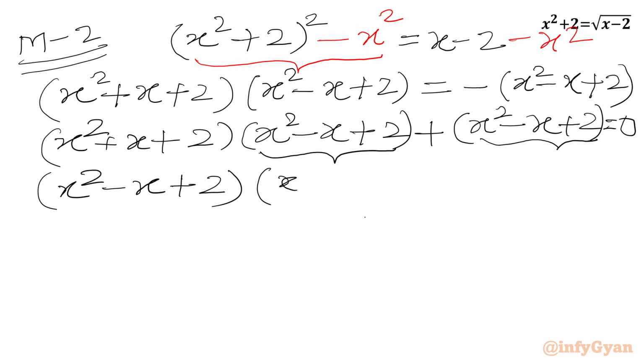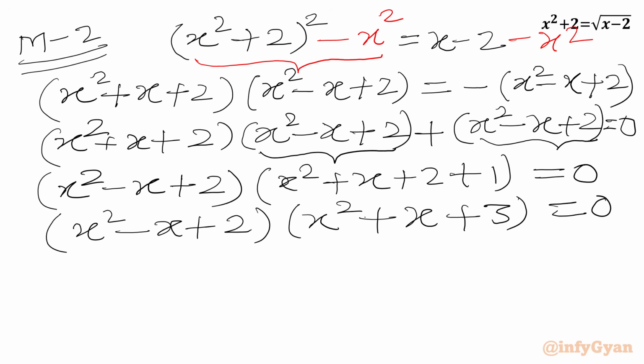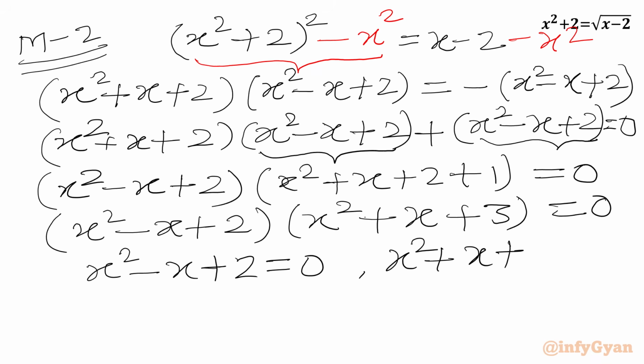In the other bracket, we will write x square plus x plus 2 plus 1, equal to 0, or we can write x square minus x plus 2 times x square plus x plus 3 equal to 0. We will use the product 0 rule. So either the equation x square minus x plus 2 will hold true, or x square plus x plus 3 will be equal to 0.